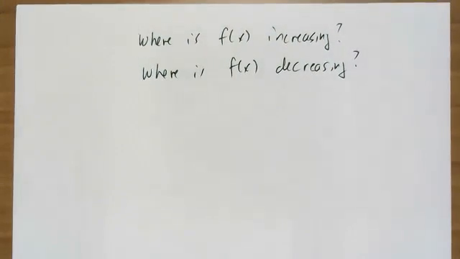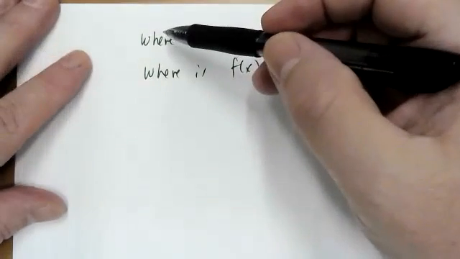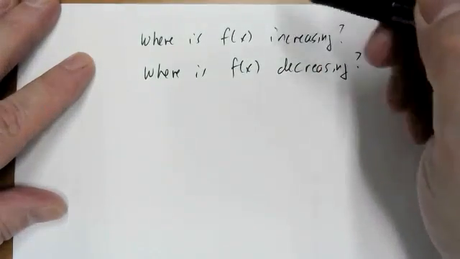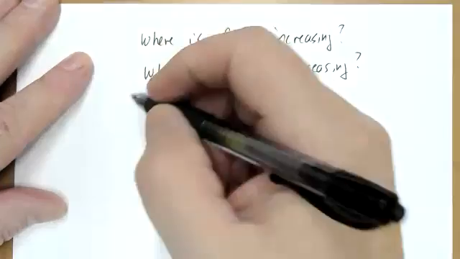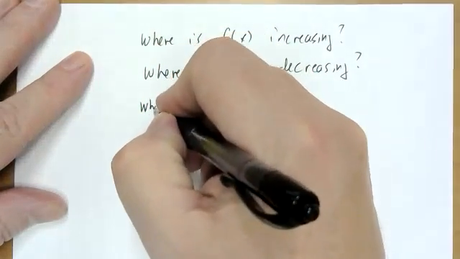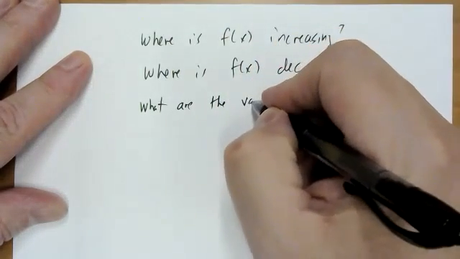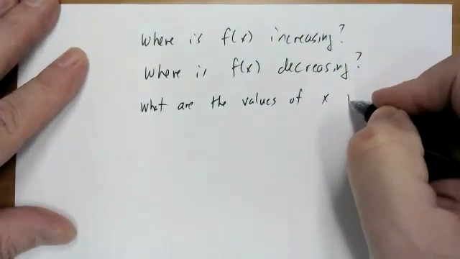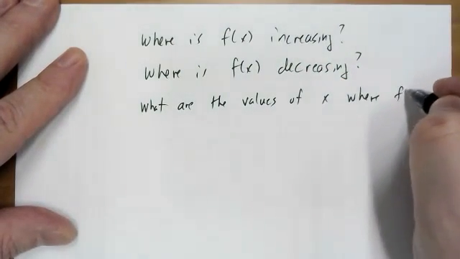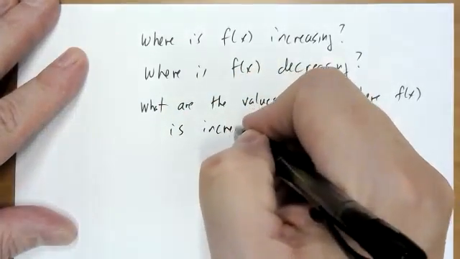I think you're going to find this pretty straightforward because once again, when we say, where is f of x increasing, we're really saying, what are the values of x where f of x is increasing?